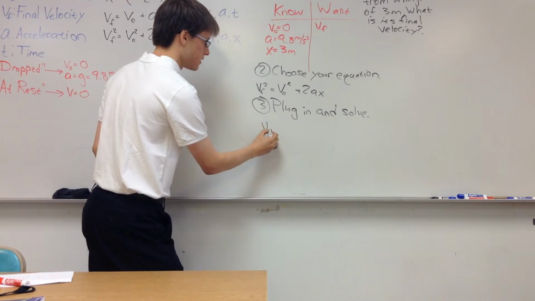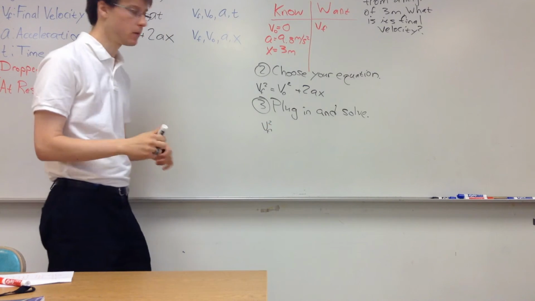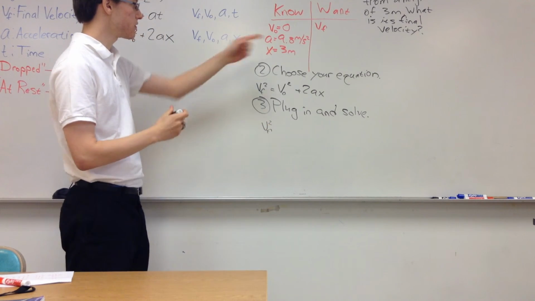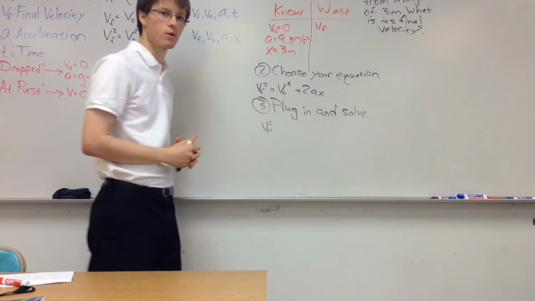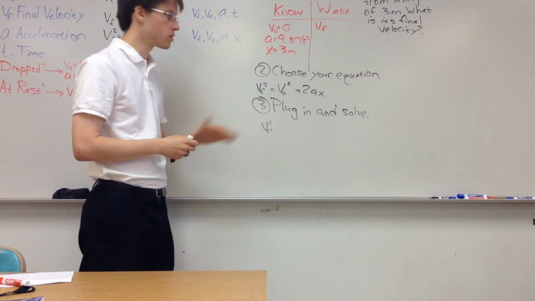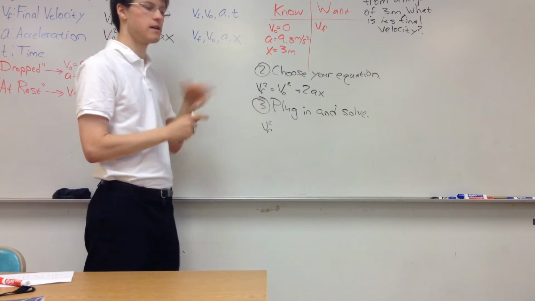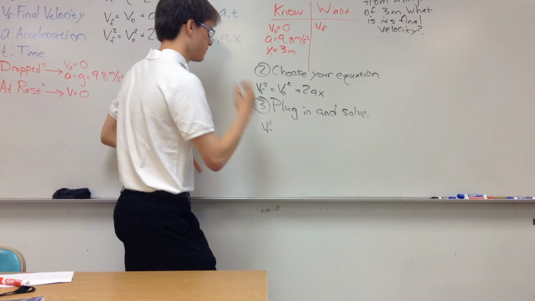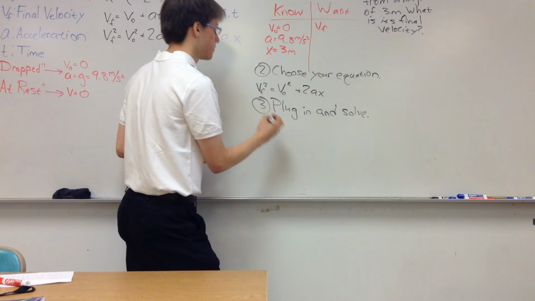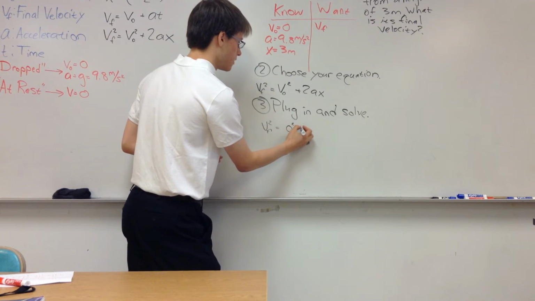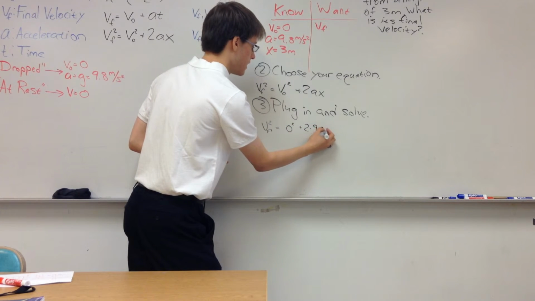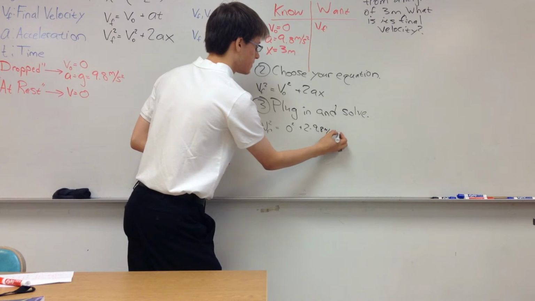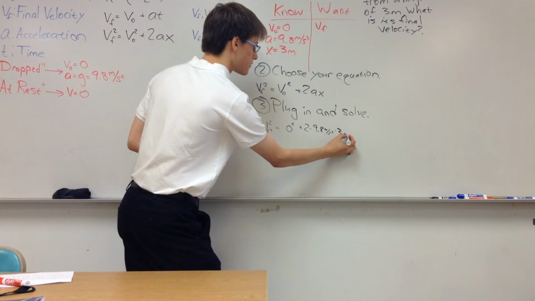So final velocity will stay as its symbol. And if we wanted to solve for x or something, you can just rearrange this equation to solve for x. So just because something is here doesn't mean you can't use it to solve for anything else. You can use it to solve for any of the four. So vf squared is equal to v naught squared, which is 0, so this is 0 squared plus 2 times 9.8 meters per second squared times 3 meters.